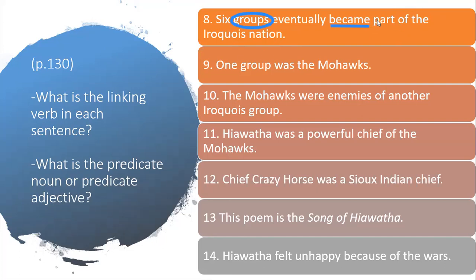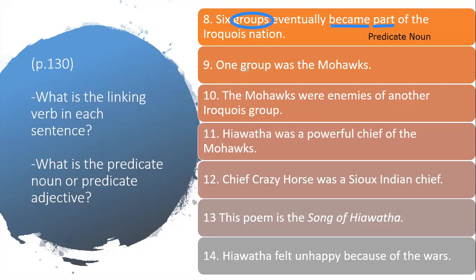So what do we have? The only thing that we have left is part. So part is the word in the predicate that is renaming the groups. Groups became what? Became part. Part is a noun, and because it is a noun and it's renaming the subject, this is a predicate noun.